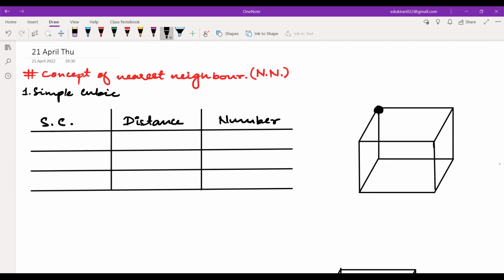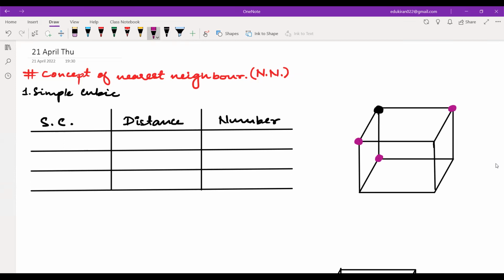Then the nearest atoms will be the atoms which are present with a distance a. So these are the three atoms which will be present. Can all of you see?